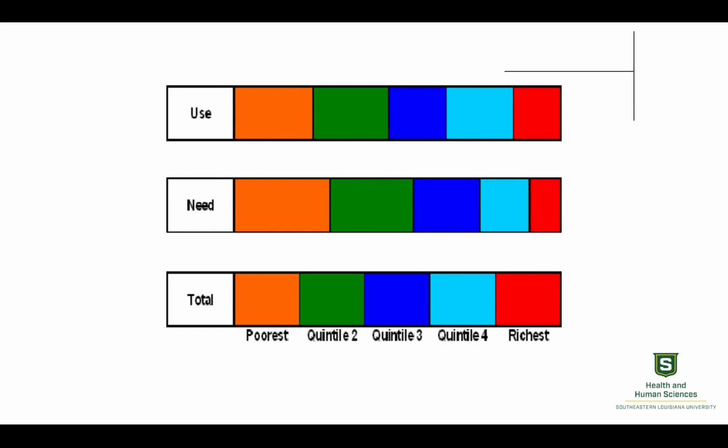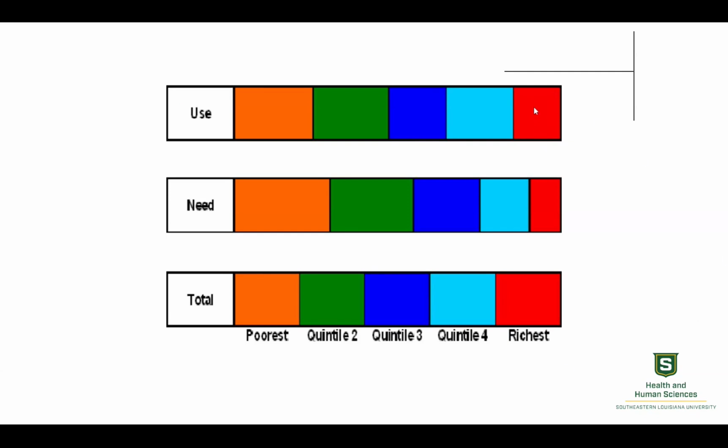In this picture, especially at the bar that has the total, it looks like from the poorest to the richest, they are all having equal treatment in healthcare service. However, when we consider use and needs, we see that it's really not the same.